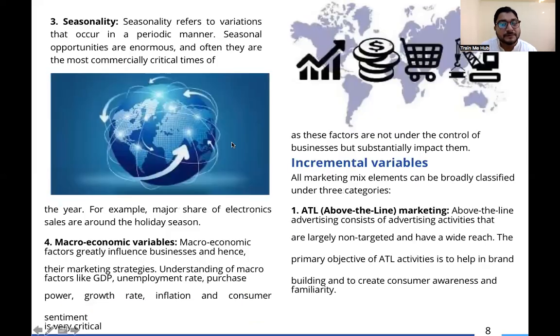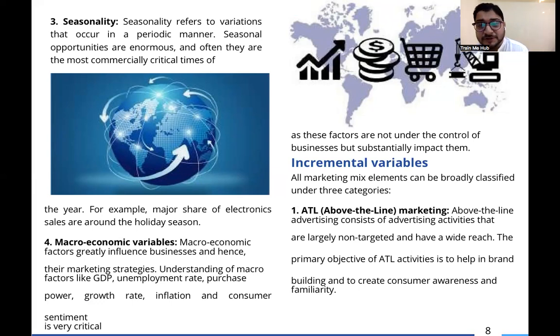Now let's move further. The other thing is seasonality. Seasonality refers to the variations that occur in a periodic manner. Seasonal opportunities are enormous, and often they are the most commercially critical time of the year.